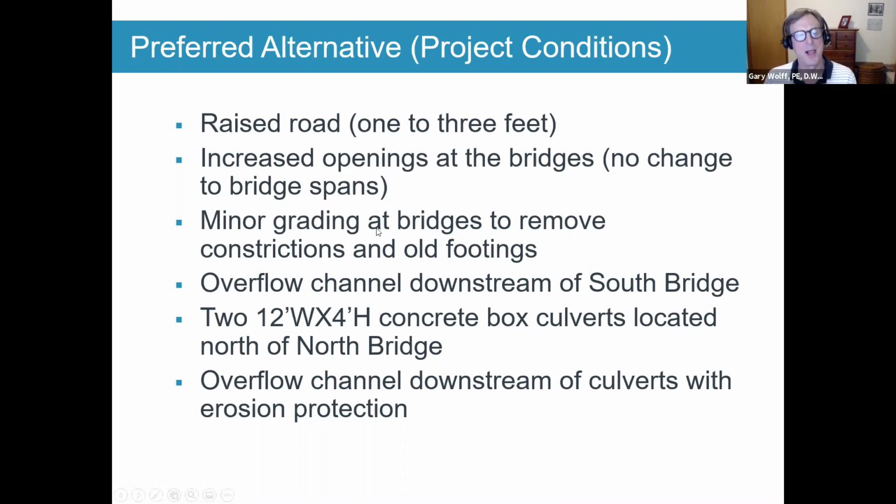And that included creating an overflow channel downstream of the South Bridge, where now there's a wall of vegetation at that location. And then we ended up with 2 12 by 4 box culverts through the roadway north of the North Bridge to mitigate for the raised road and capture that flow that would go over the road otherwise. And then there was a little grading downstream of those culverts as well.